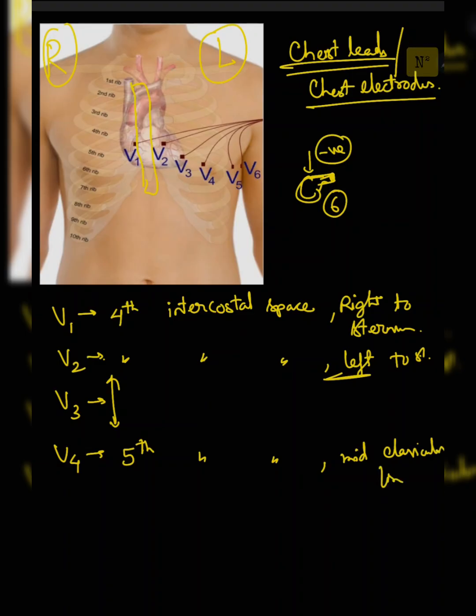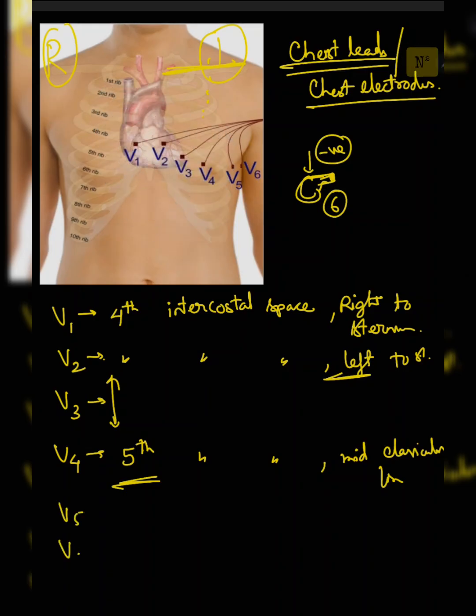Okay, so if this is the clavicle, and this is the mid clavicular line, so we place at the 5th intercostal space at the mid clavicular line, and we just measure roughly the length between V1 and V2 electrode, and we place the V3 just over the V3 area. Okay, so this was the V4.